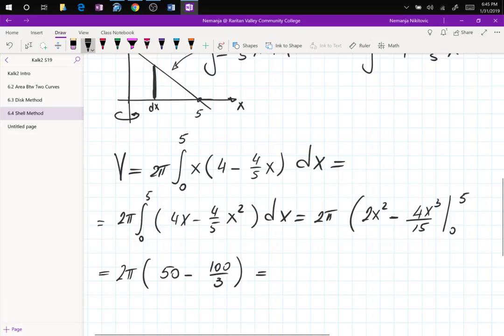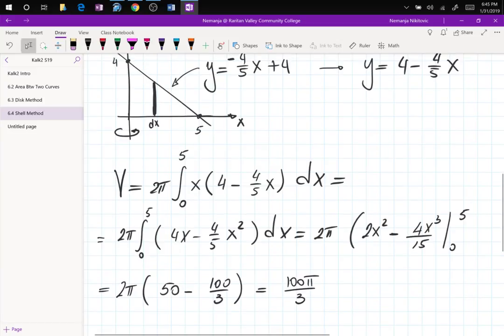So this is 100 pi over 3. Or something like that. Is it? Whatever, who cares? It's numbers. It is? Good. Yeah, it's entirely. Shelley says good, it's good.